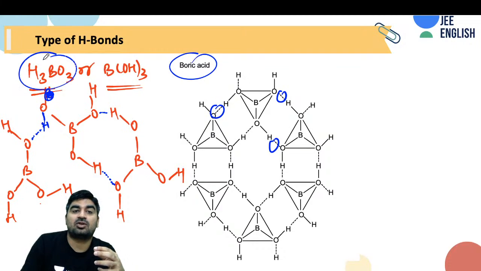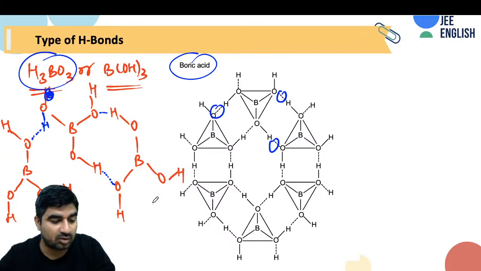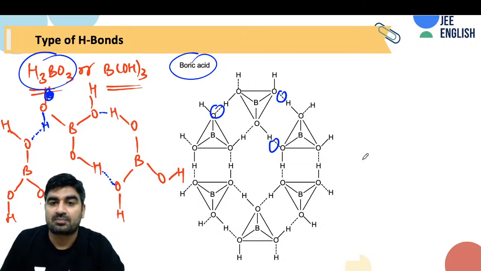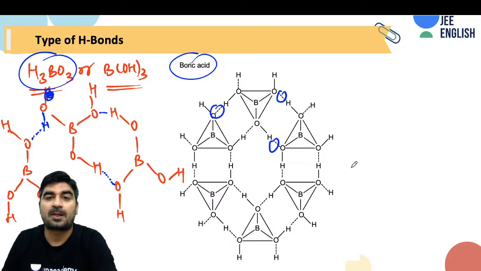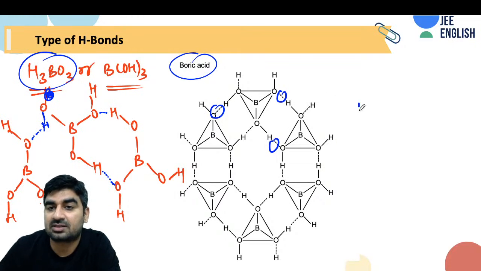Why is it intermolecular? Because all molecules are the same. Why do we call it intermolecular? Because all molecules are H3BO3. And this is the boric acid structure, and it looks like a planar structure.